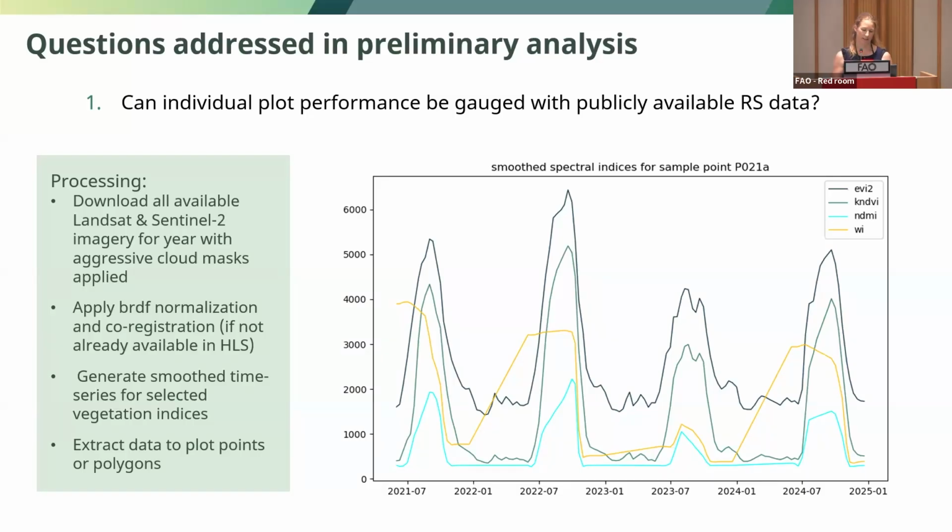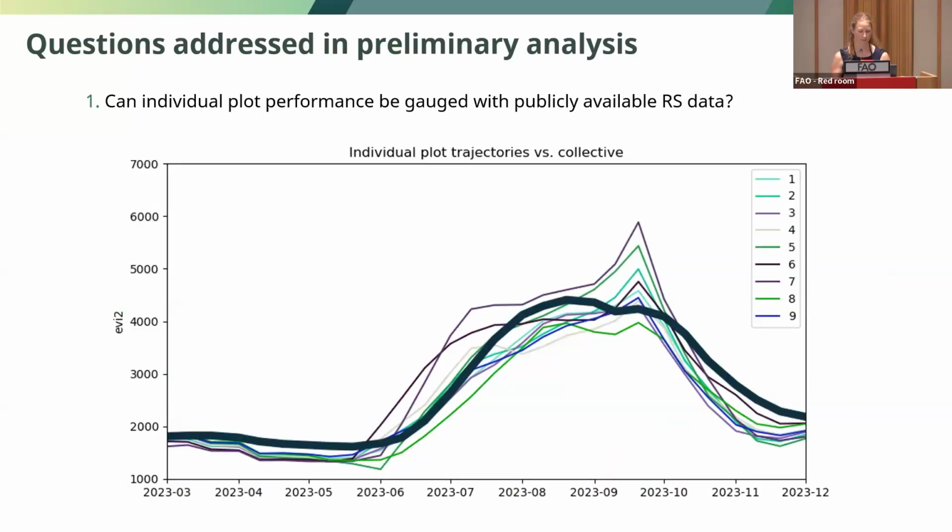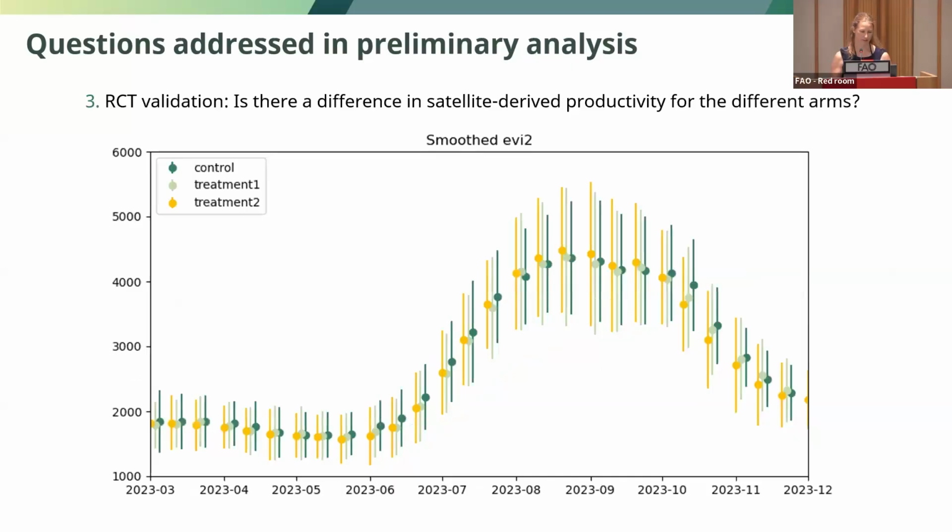But you can see here, this is a single plot, but this plot was certainly less productive in 2023, which was the year of the RCT, compared to other years. So those differences do come out in the data. This is just looking at different farmers' plots, similar results.